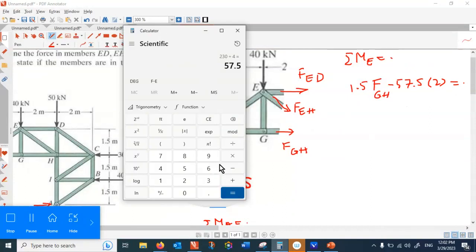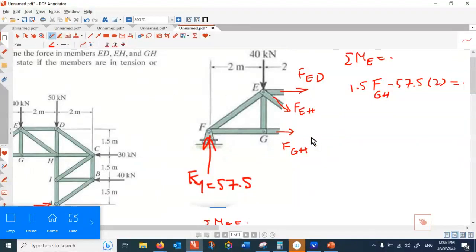So that multiplied by 2 divided by 1.5, you get FGH equal to 76.7, and that is tensile.